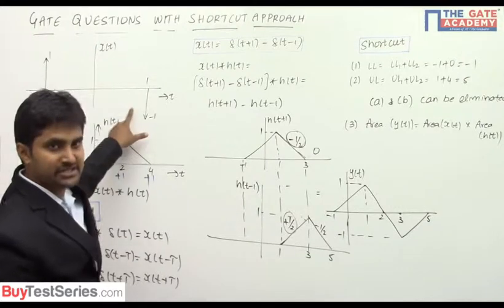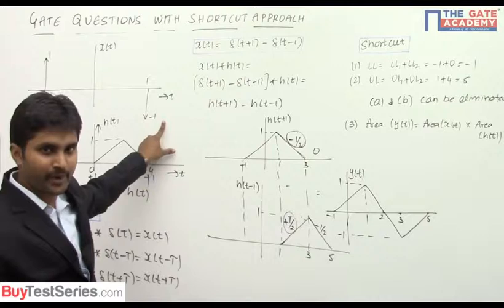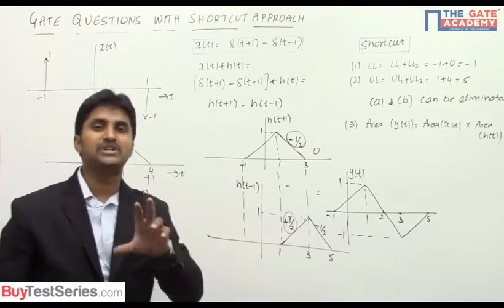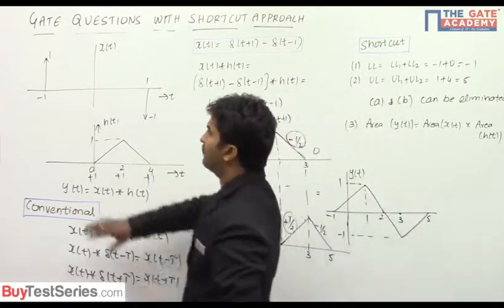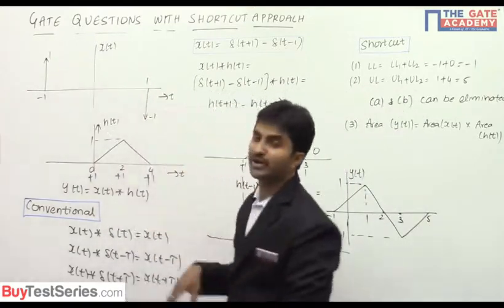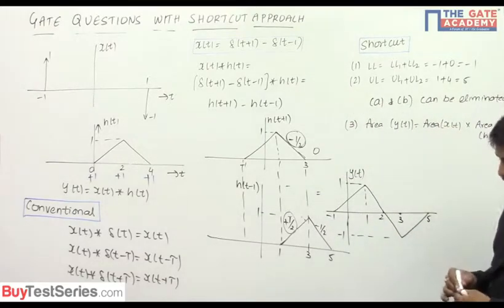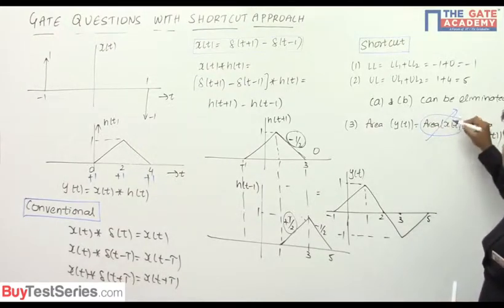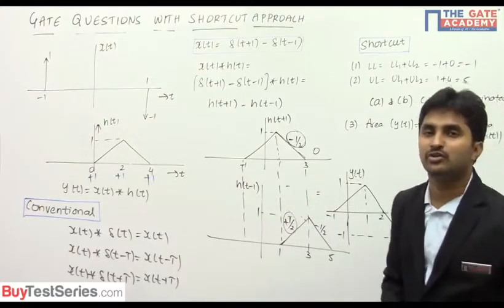You have two impulses, one with the area of plus 1, the other with the area of minus 1. So the total area will be equal to 0. An impulse is always characterized by its area. So the area of x of t is equal to 0. It means that the area of y of t will be equal to 0.